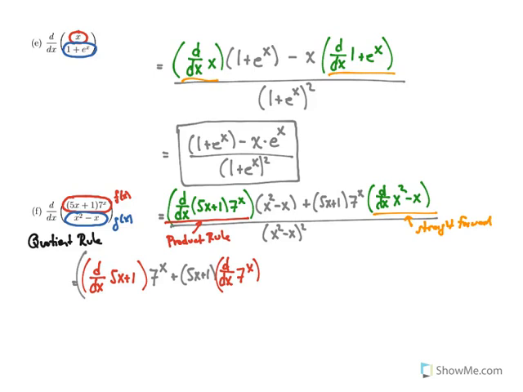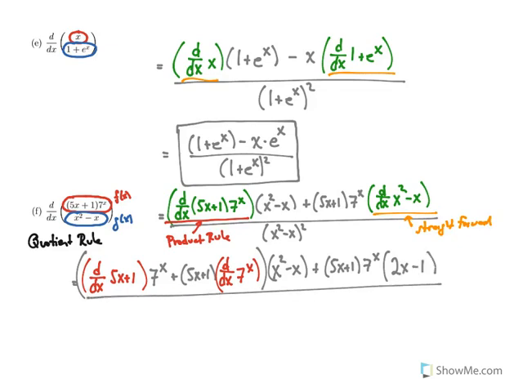All of that times x squared minus x plus 5x plus 1, 7 to the x, and then times the derivative of x squared minus x, which is 2x minus 1, all over x squared minus x squared.